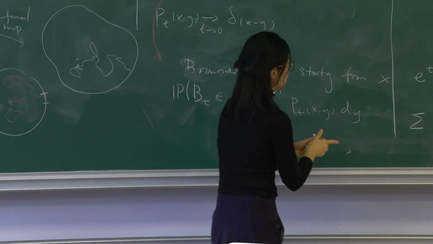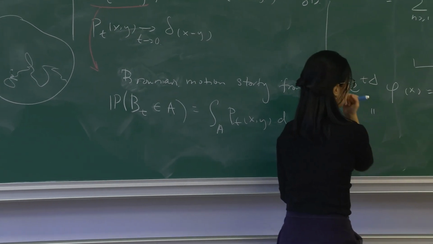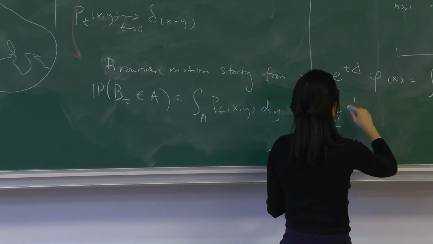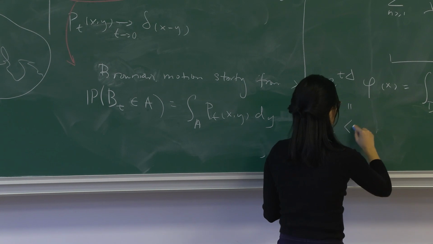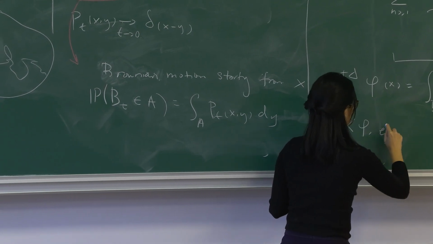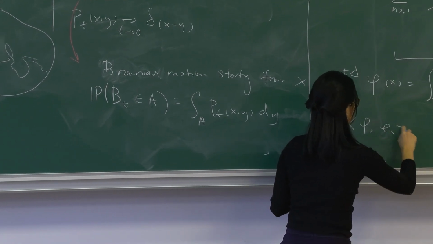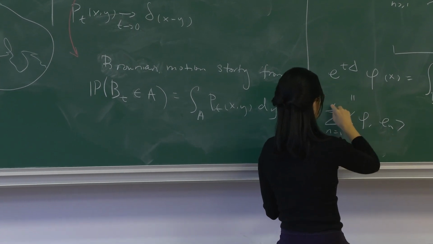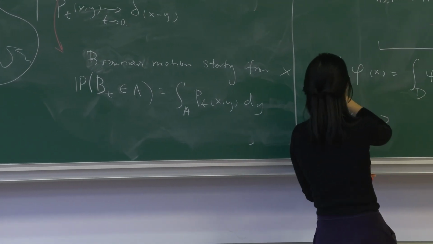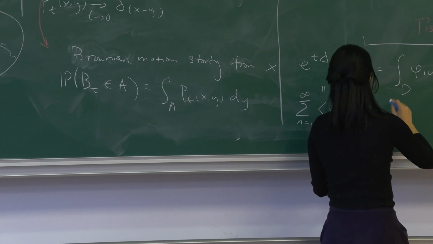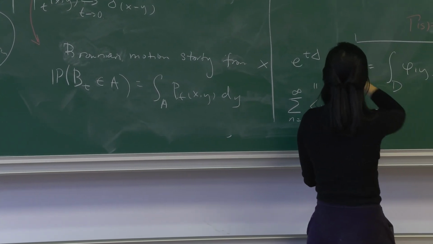Here this will be phi with E_n, and you can act each of these operators on E_n.